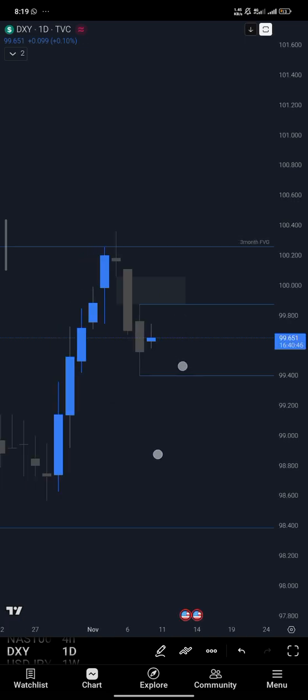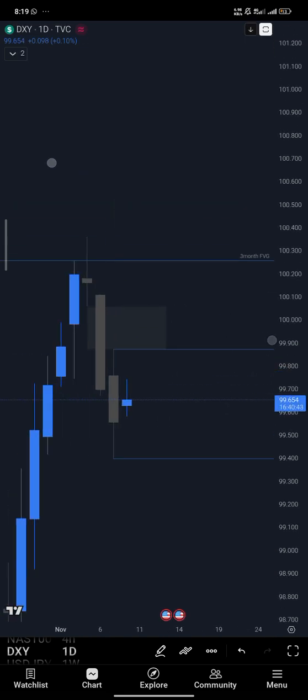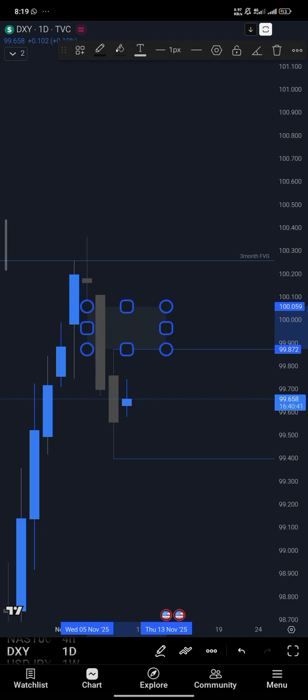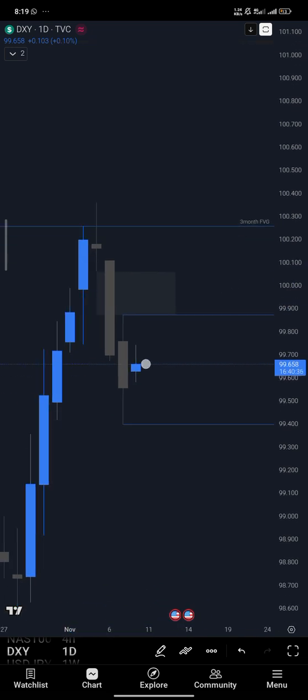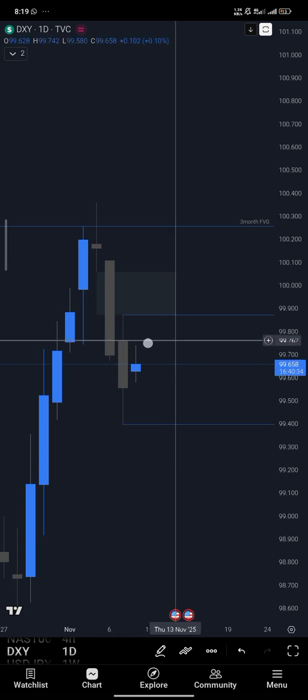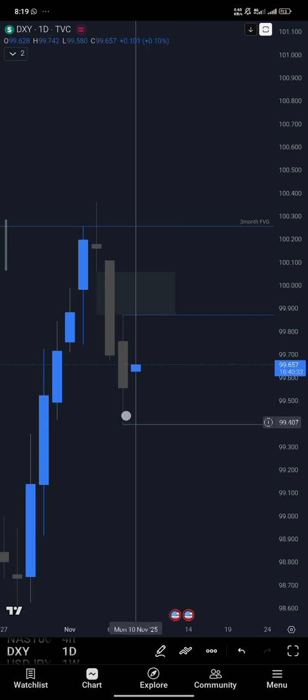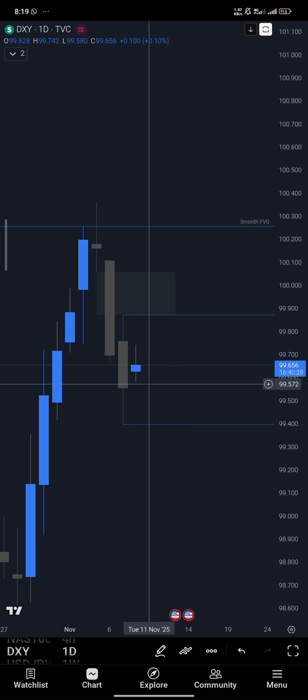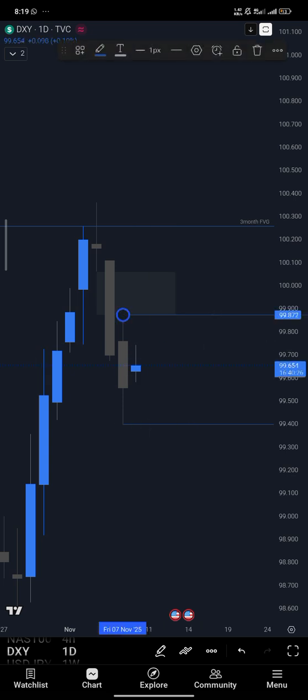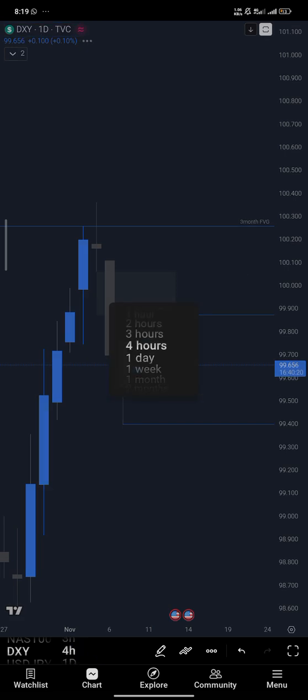Then as an area of interest for sellers, this is the fair value gap, and price is currently within this daily candle range, if I can call it that. On the 4 hour, I marked these levels, so it's basically using ranging concepts to look at it.